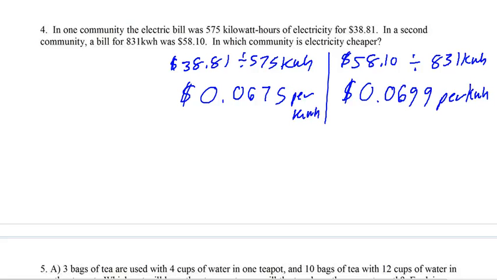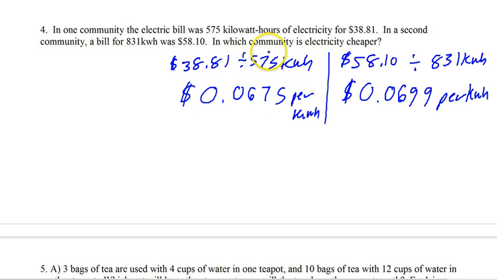Alright, and then the same thing here, we want to know which is cheaper. So if you want to know cheaper, you need to find out what the dollar price is for whatever per unit we're looking for. And we're talking about kilowatt hours. So you take the money right here, divide it by the number of kilowatt hours, and it tells us the dollars per kilowatt hour. So if you haven't gotten this yet, whatever unit goes first, that's what goes first. Whatever unit goes last, that's what goes last.